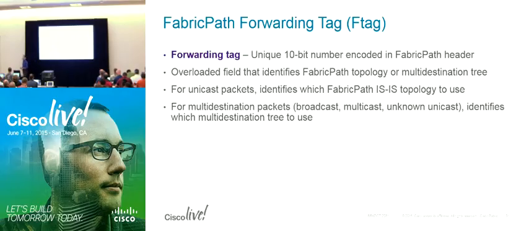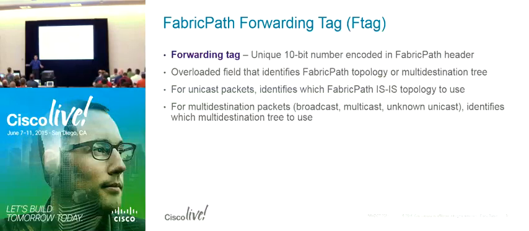FabricPath forwarding tag, F tag. As I mentioned before, F tag is an ID that is uniquely assigned to a given multi-destination tree. So why do we need it? When multi-destination traffic, for example broadcast, unknown unicast, or multicast, comes into the fabric, we will assign that frame to a given multi-destination tree.